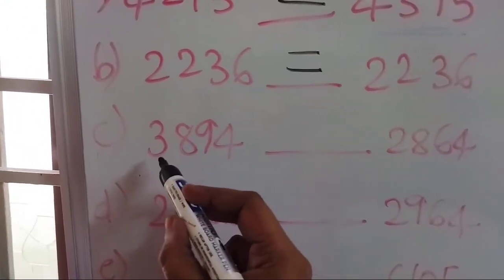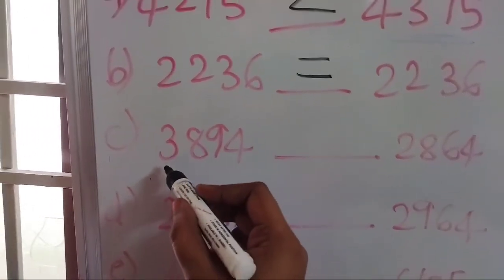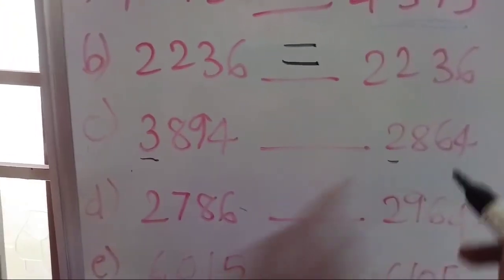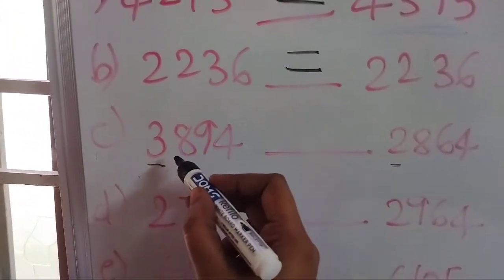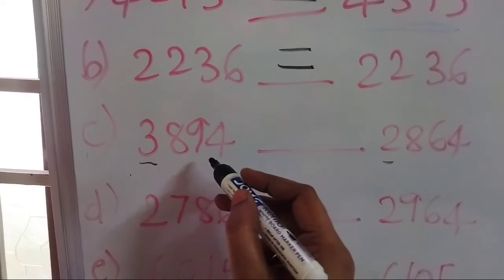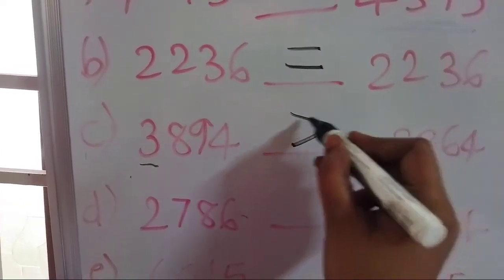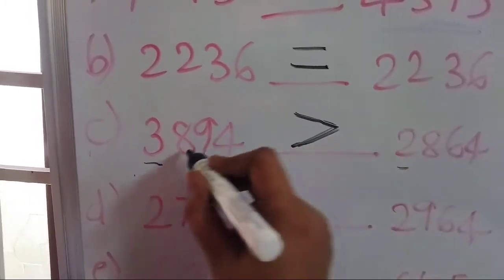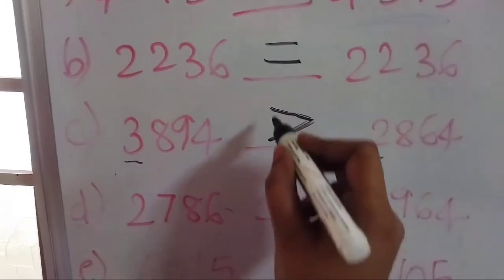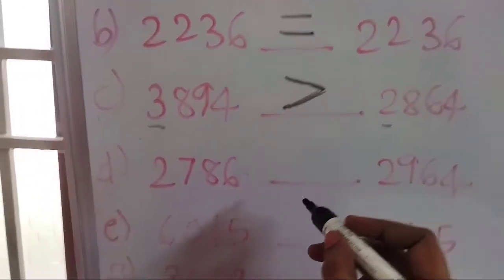See in thousands place, one is 3, the second one is 2. So 3,894 is the biggest number. So we keep the greater than symbol. This is the biggest number, so the greater than symbol is there.